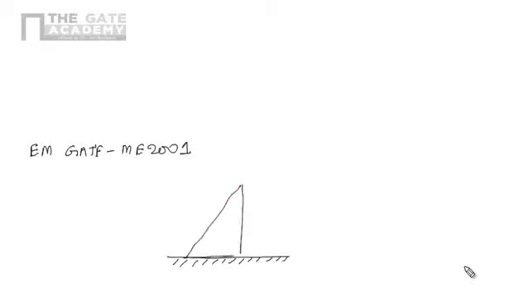Now let's take another problem of engineering mechanics, which was asked in GATE ME 2001. I am just drawing the figure for this problem. There is a surface, we can say that it is a smooth surface, and there are two blocks of equal mass: this is the first block and this one is the second block.